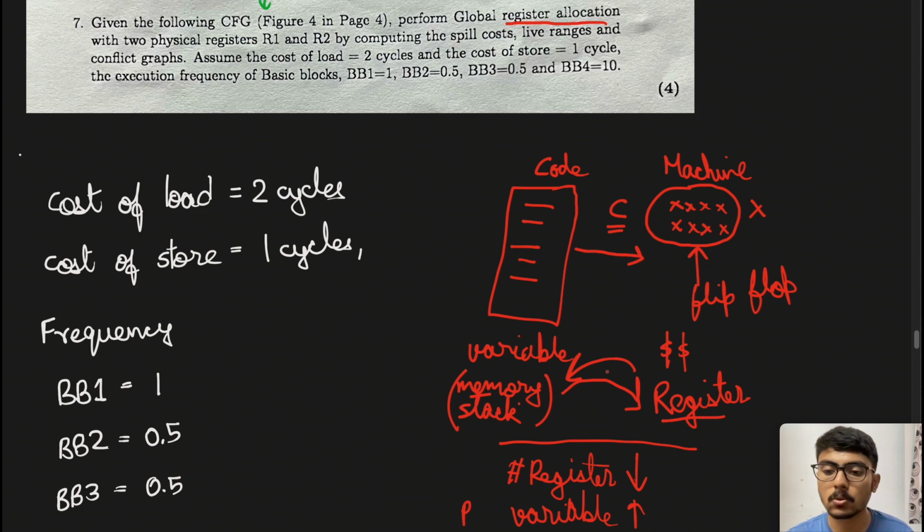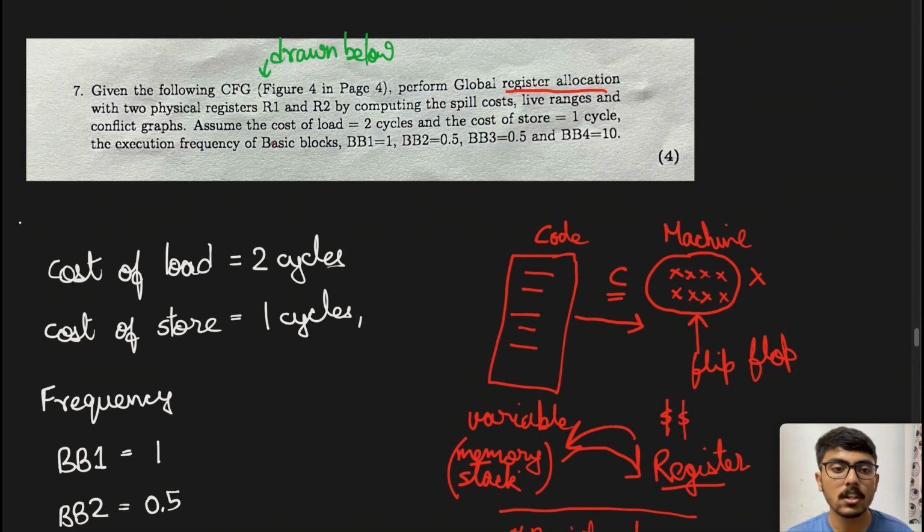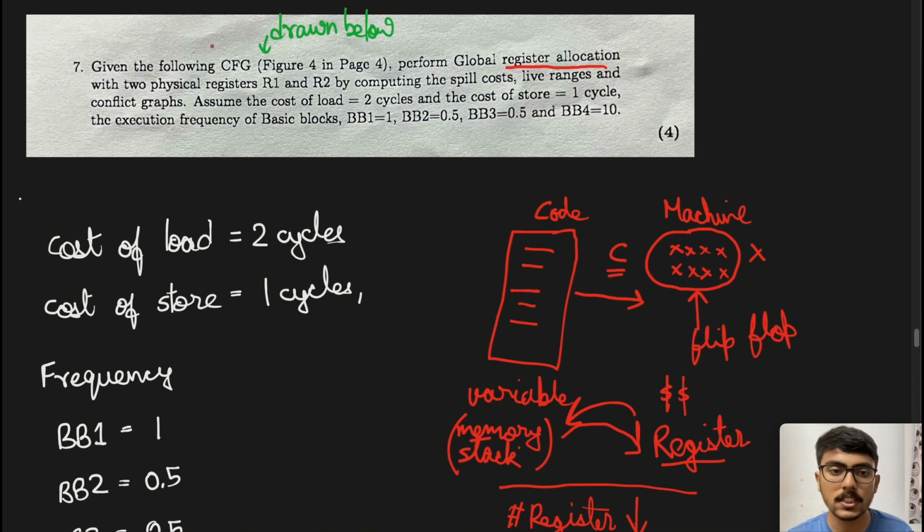Now let's go to the question itself. Given the following CFG, which stands for control flow graph, the diagram is displayed below. I will show it later. We need to perform global register allocation with two physical registers, R1 and R2.